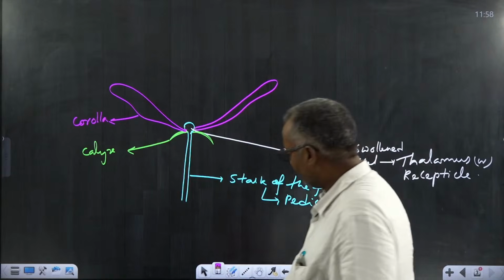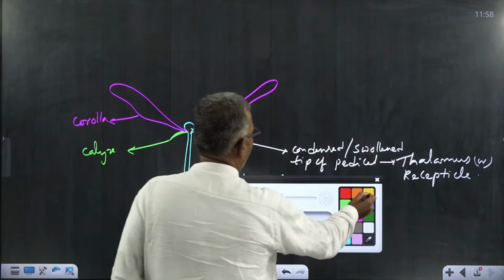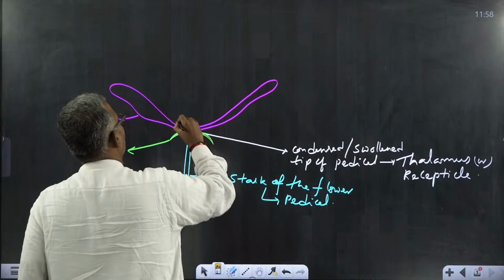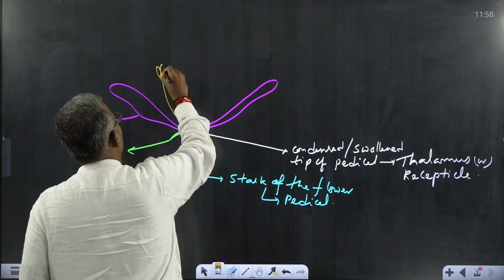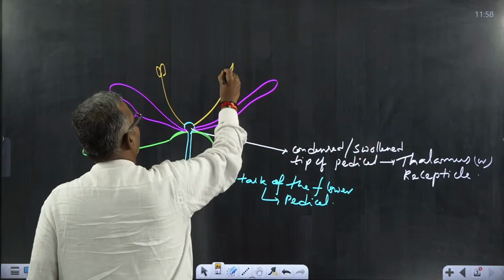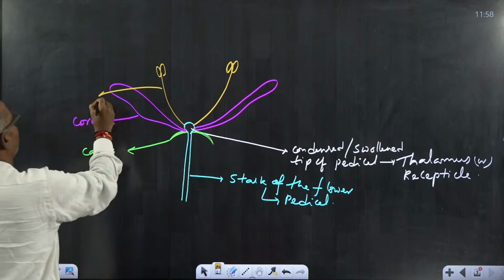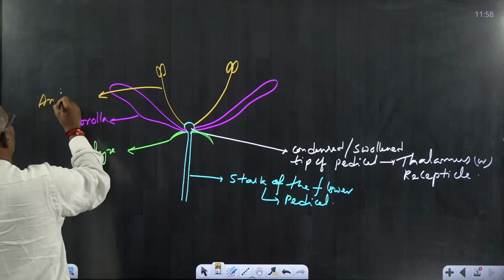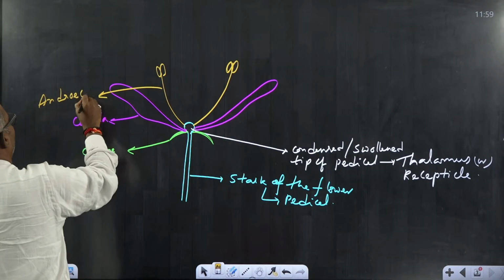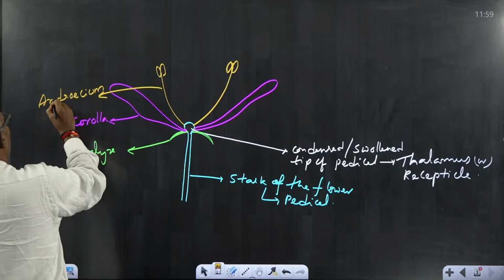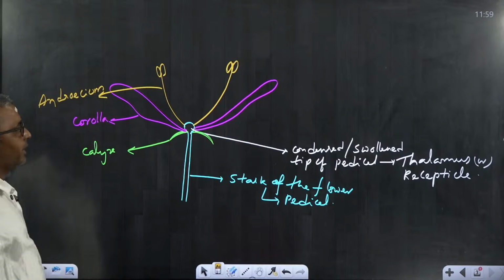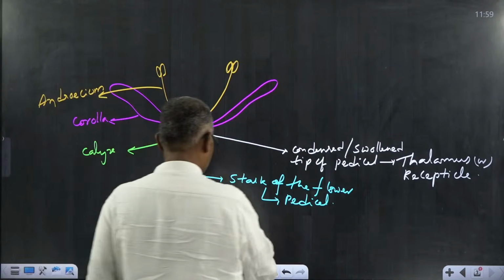First node contains calyx. The second node contains corolla. And the third node contains androecium. The third node contains androecium.